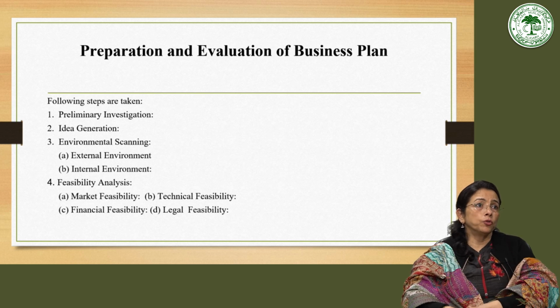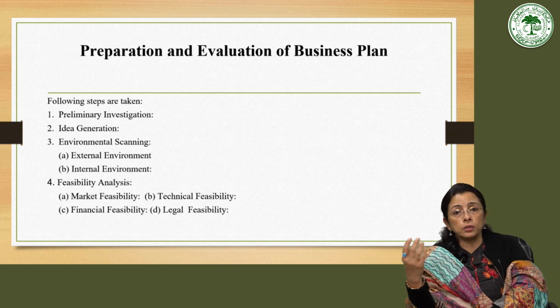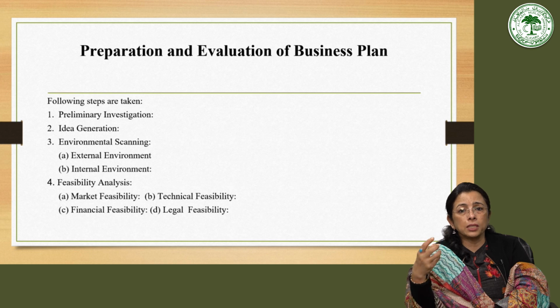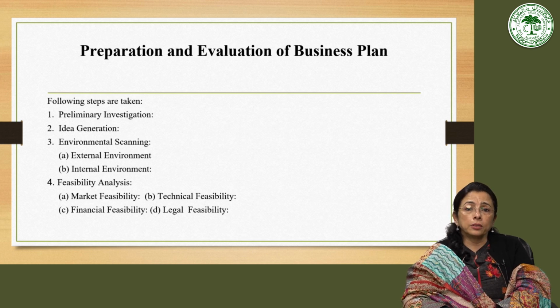Otherwise, if you have to import the whole plant, it becomes quite difficult and quite expensive also. And a businessman must look into this factor, that is production and operation, the easy availability of these factors for the business.